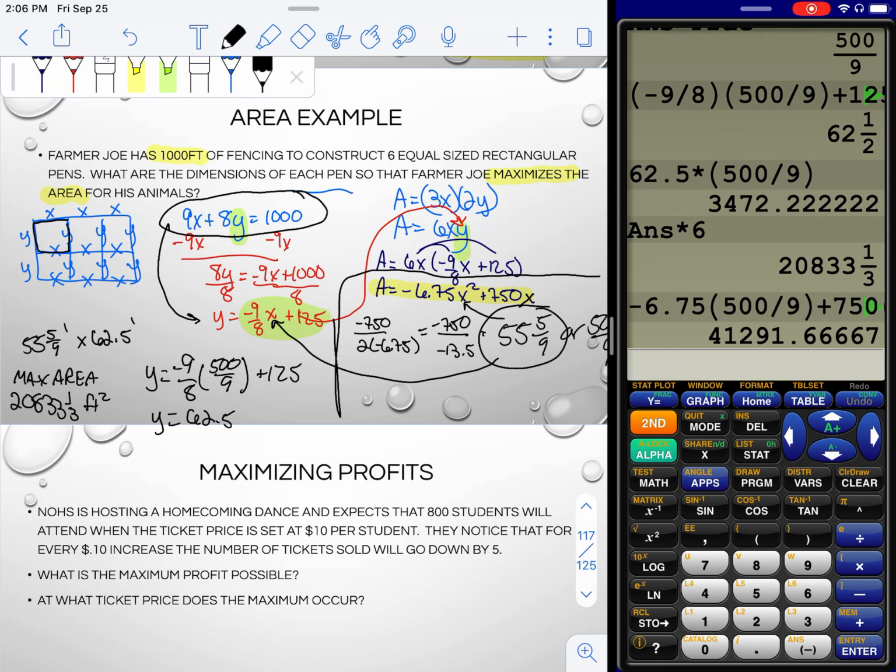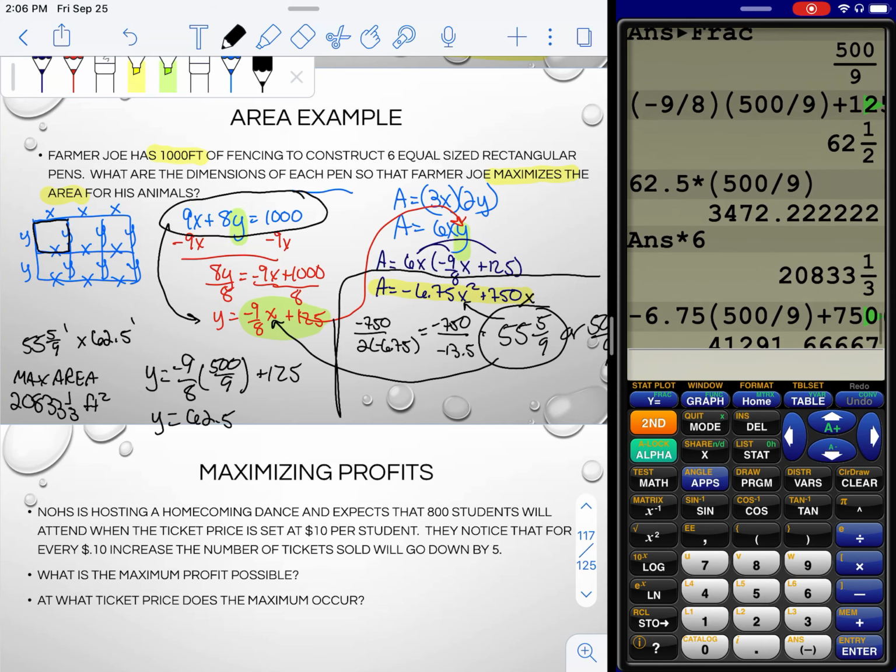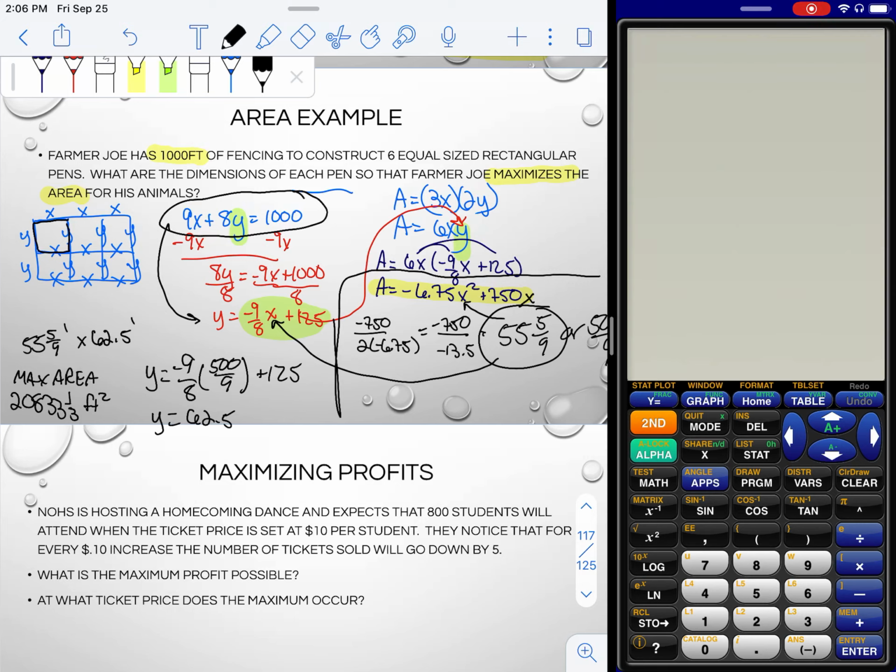I should get that same... 750x, what did I do wrong? 6 times 125 is 750. Negative 6.75 times 500/9 plus 750 times 500/9. I got a mistake somewhere. It should be confirmed.